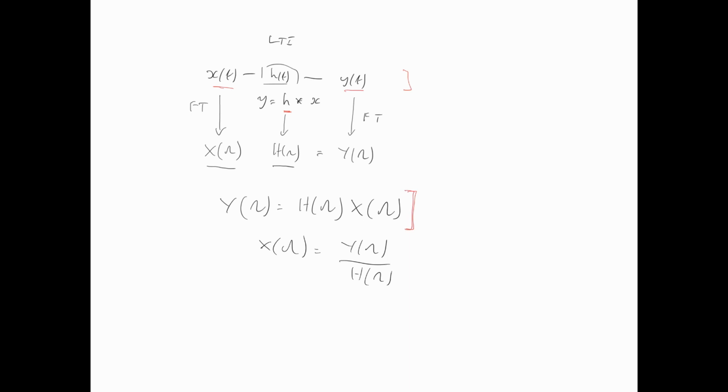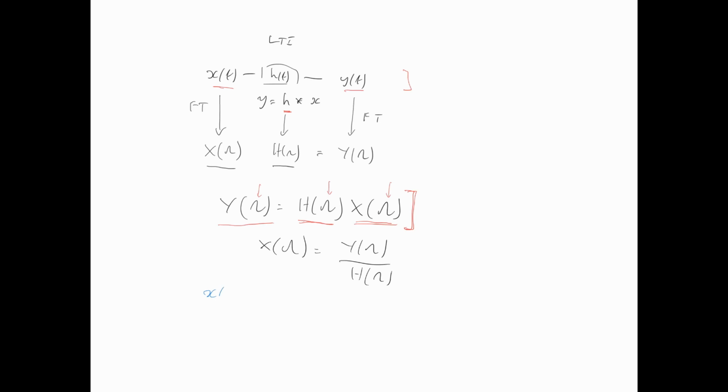Whereas in the frequency domain, we see that the output content at a certain frequency is simply equal to the input content at that frequency multiplied by the impulse response at that frequency. The output at one frequency does not depend on the input at any other frequency, nor does it depend on the channel impulse response at any other frequency.